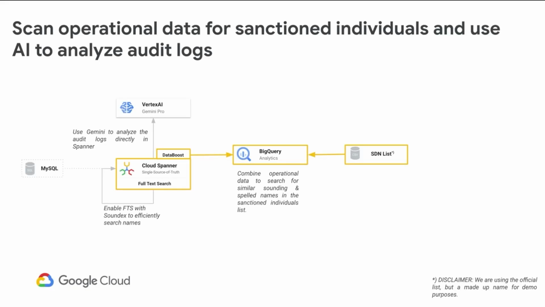So now I've prepared my data in Spanner and I'm ready to do some analytics with BigQuery on top of that data. And for this part, I'm going to use federated queries to access Spanner's operational data directly from BigQuery.